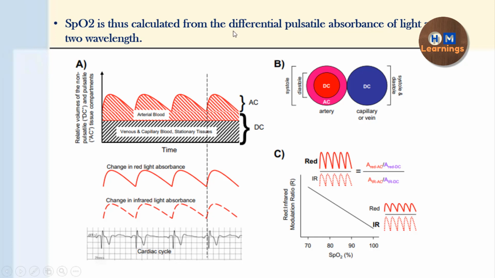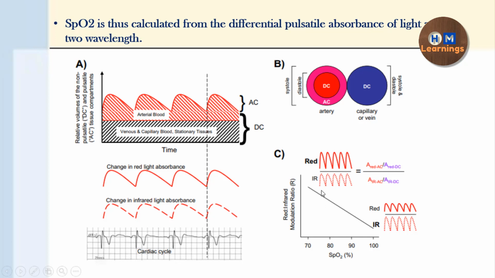This diagram shows further how the SpO2 is calculated. It shows the ratio of red to infrared light on the y-axis and the SpO2 in percentage on the x-axis. So what happens? As the ratio decreases, the SpO2 increases, because red light is absorbed more by the deoxyhemoglobin, and infrared light is absorbed more by the oxyhemoglobin.